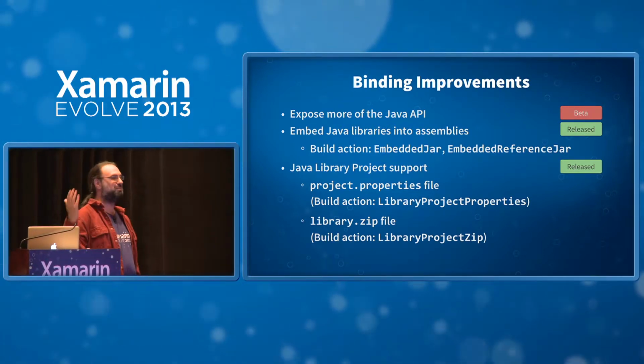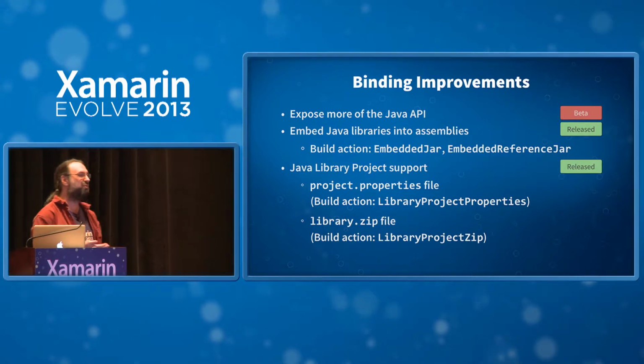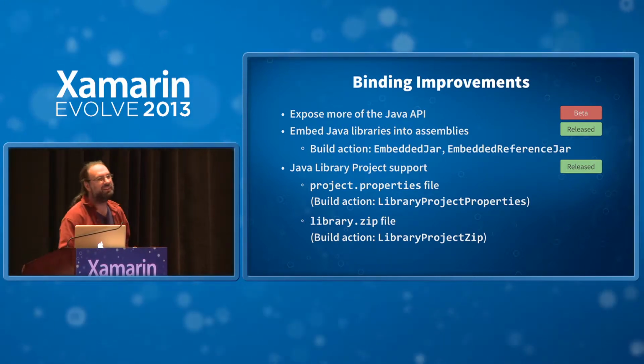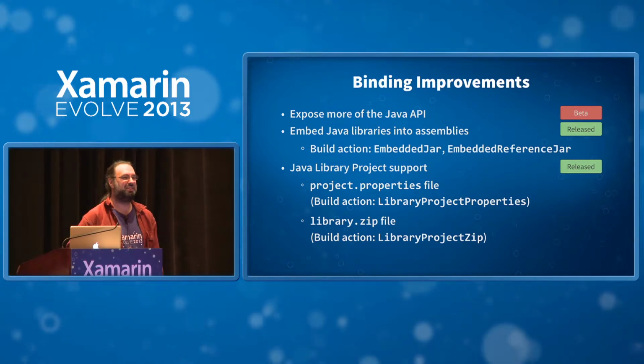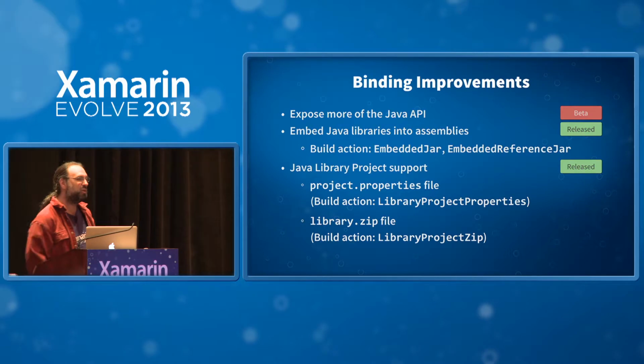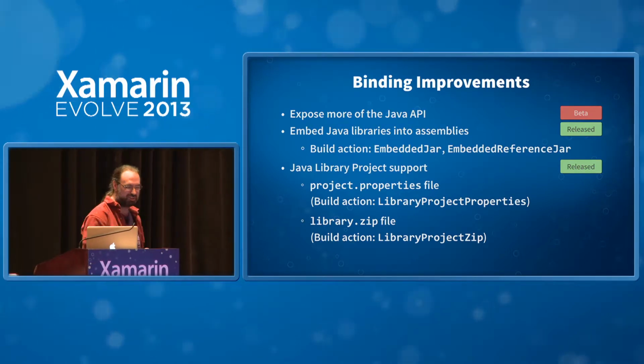So we've got system.xml. Why do we need java.xml? Ours is much better, right? We've got system.json. They've got org.json. Ours is much better, right? It's more compatible. We don't need to expose those other types.